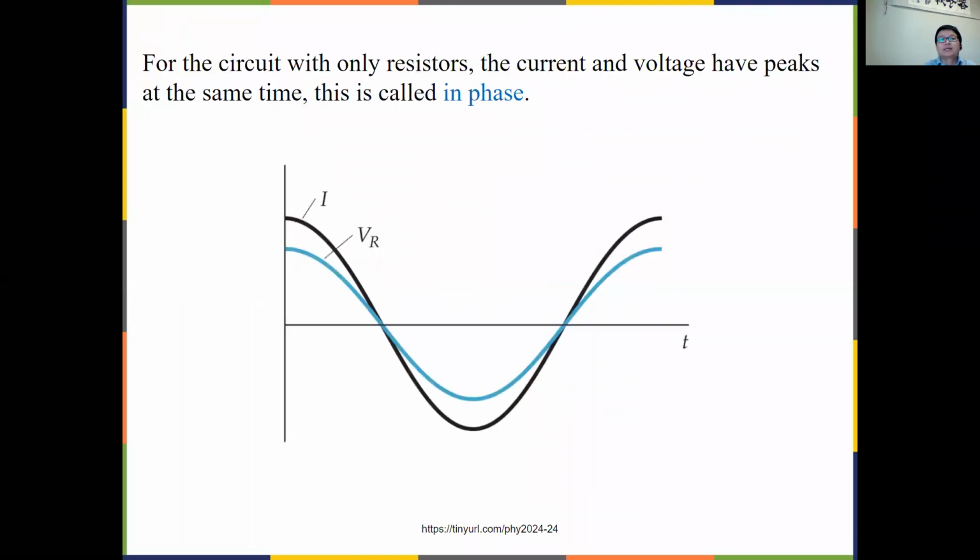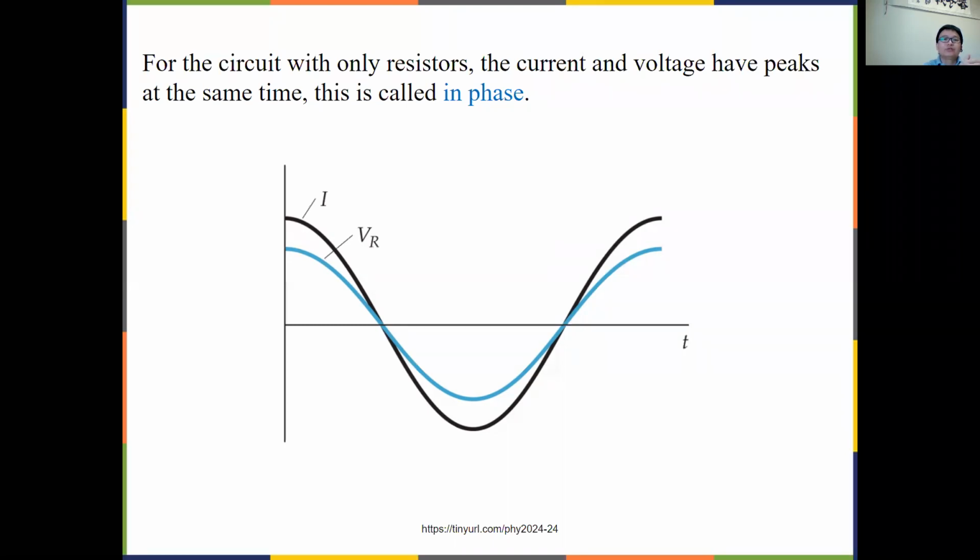Both the voltage and current are exactly the same sine function. There's no phase shift between the voltage and the current.